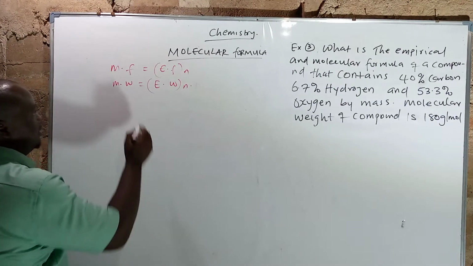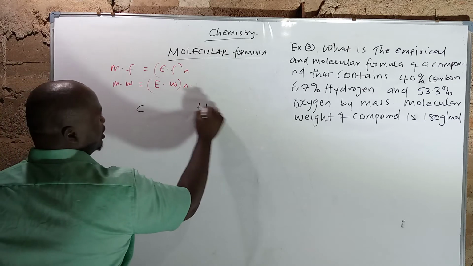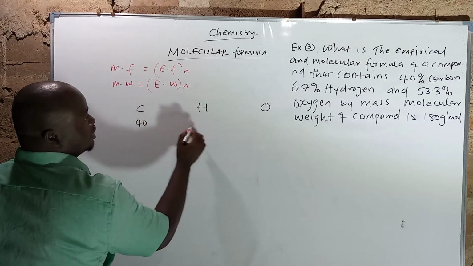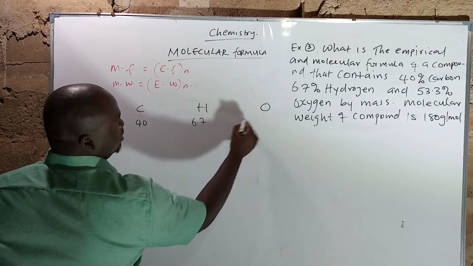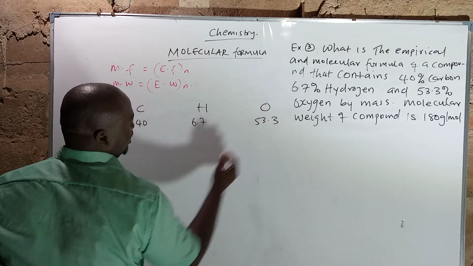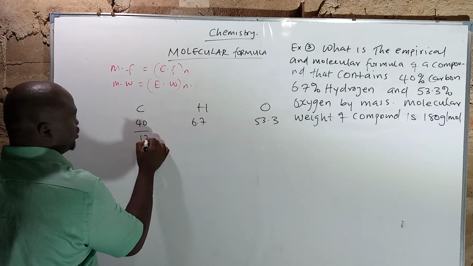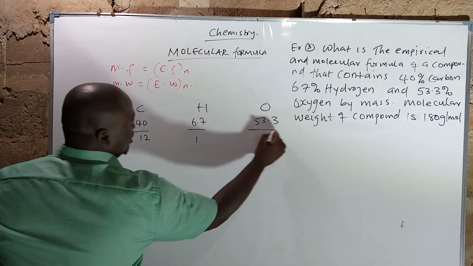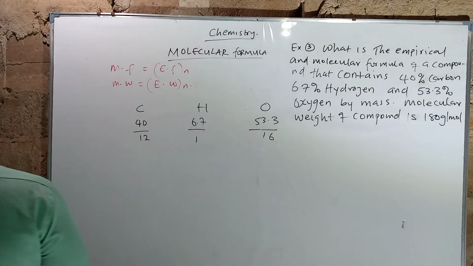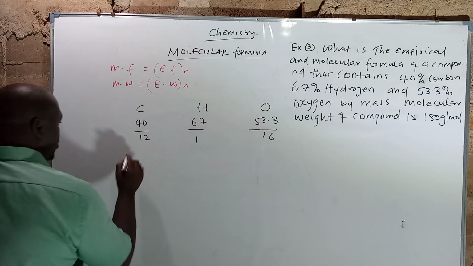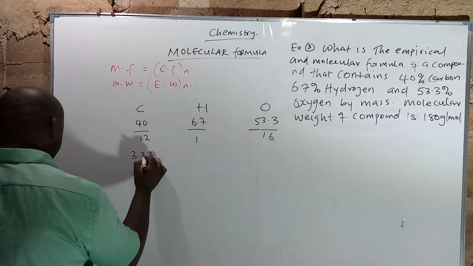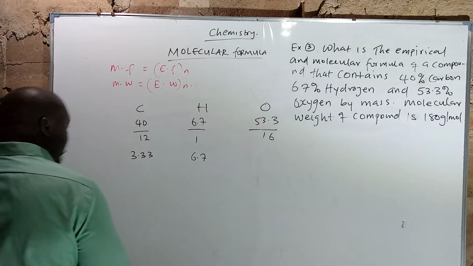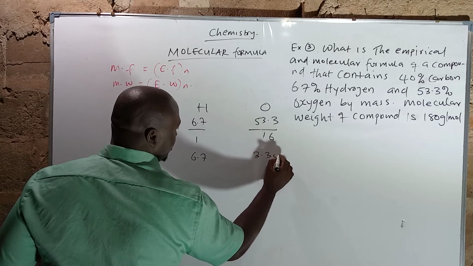What am I saying? Of course, you have carbon, hydrogen, oxygen, right? And then you have 40, then you have 6.7, you have 53.3. Now, of course, you divide by 12, divide by their molar mass, 1, divide by 16. Then here should give you 3.33. This is 6.7, this should give you 6.7.